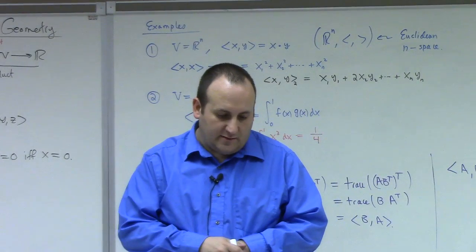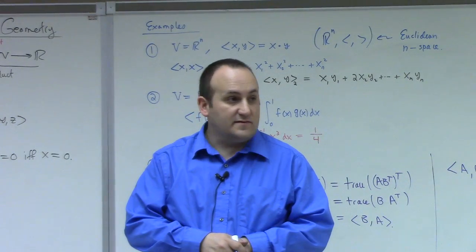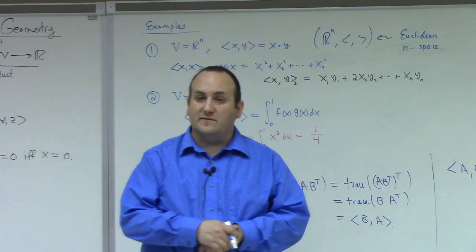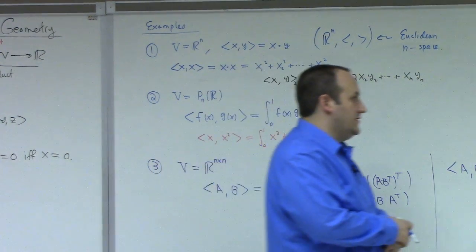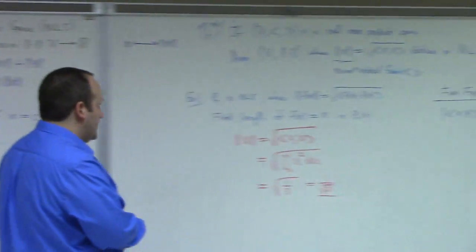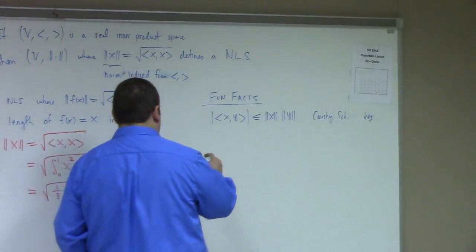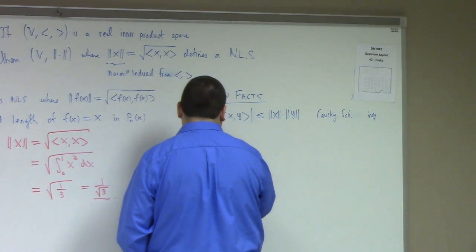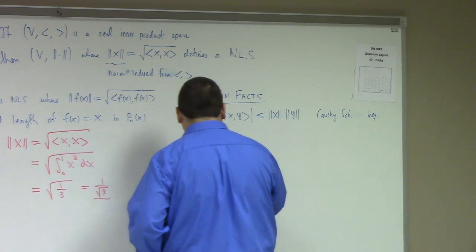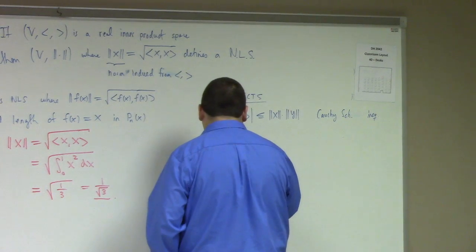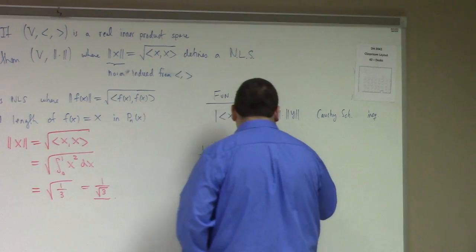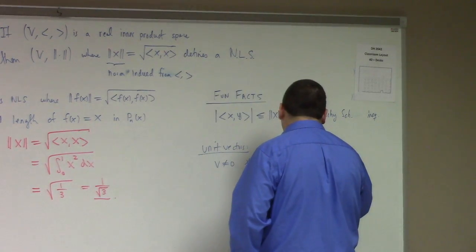Let's see, what else should I tell you about? Do you guys remember unit vectors? What's a unit vector from Calc 3? A vector of unit length, right? You have that construction here too. If v is not equal to 0, then you can define v hat equal to 1 over the length of v times v.